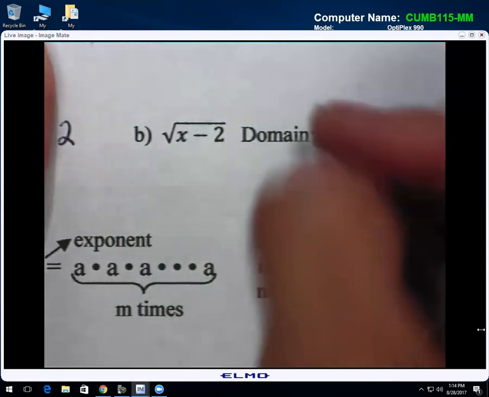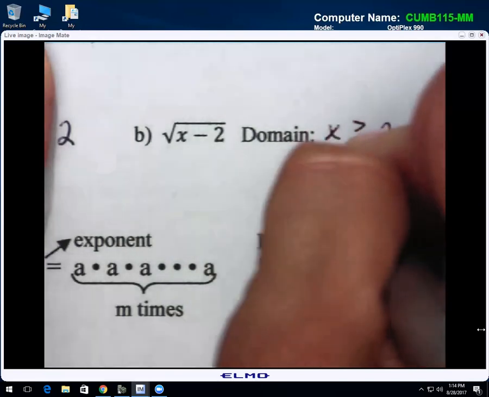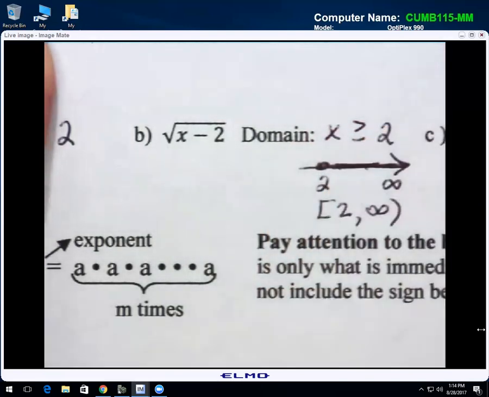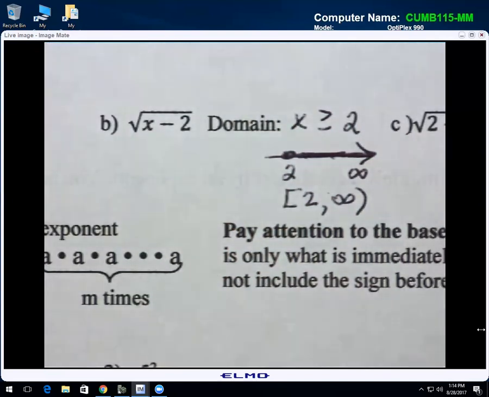And so in interval notation, we could say x can be anything from 2 to infinity. These three things all mean the same. This is inequality notation, this is a graph, and that's interval notation. But they're all saying x can be anything 2 or bigger. And in interval notation, when we talk about it more in 1.4, you'll see a bracket means the 2 is included. If the 2 was not included, I'd use a parenthesis. But you don't have to remember that right now.